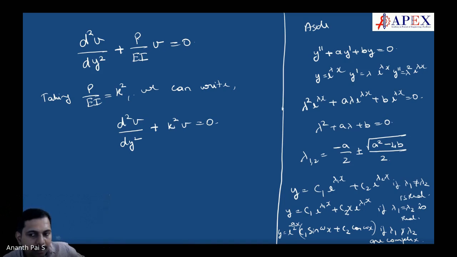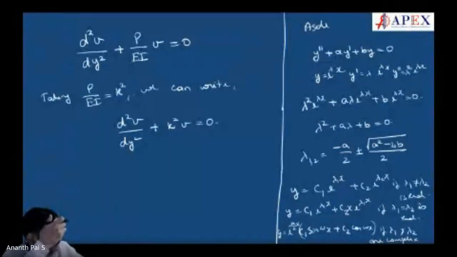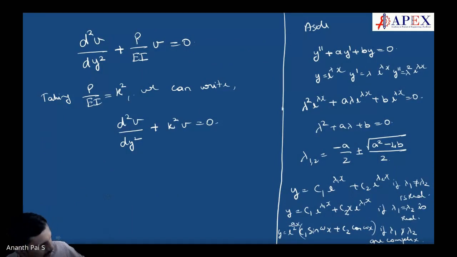What is omega? When complex, it becomes the square root of 4b minus a square, divided by 2. Omega is equal to square root of 4b minus a square divided by 2.